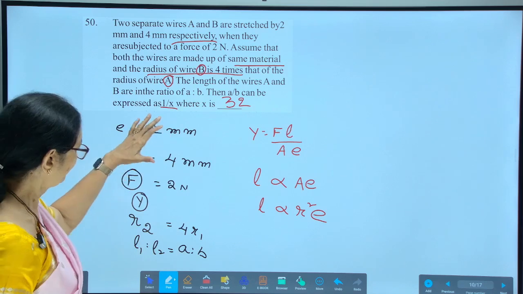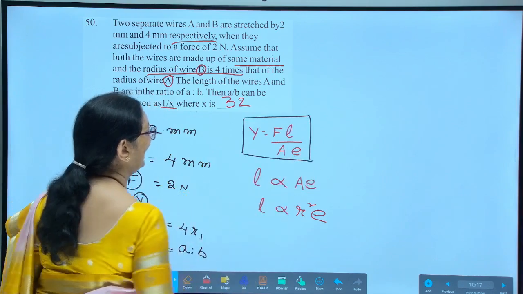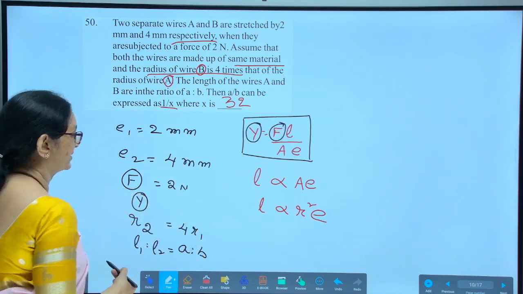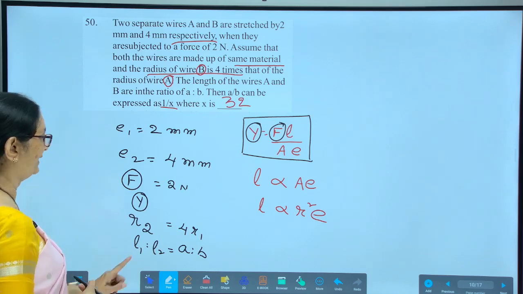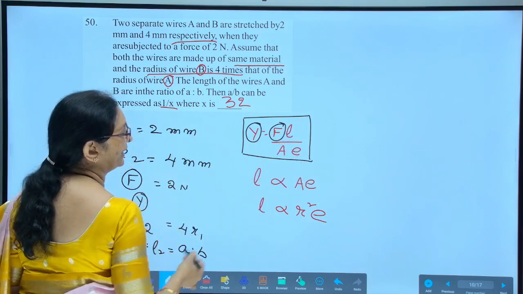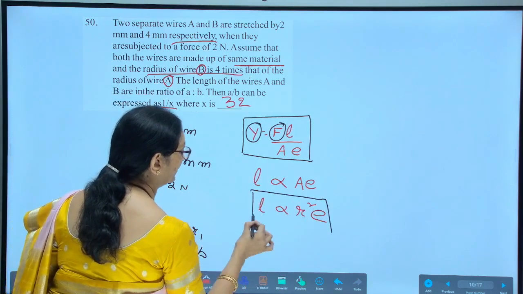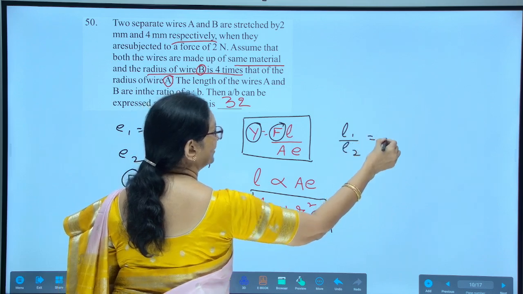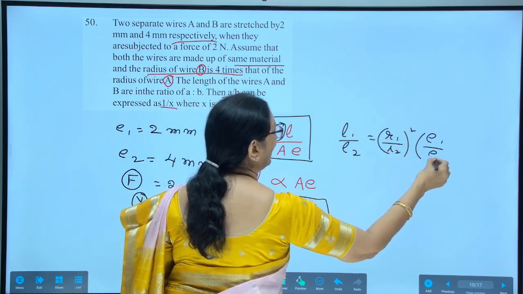So here, from the data, the connecting formula is Y is equal to FL by AE. So the same force of 2 Newton is applied, the same material is used, and what else is given? Radii are R2 is equal to 4R1, and the elongations are given. So L is proportional to A E, and A is proportional to R square, so L is proportional to R square E. So tell me, L1 by L2 is equal to R1 by R2 whole square into E1 by E2.